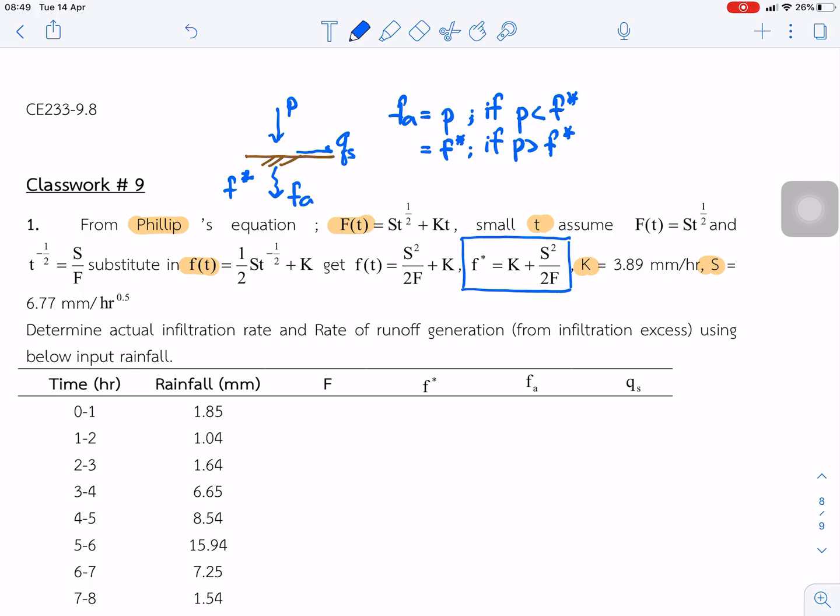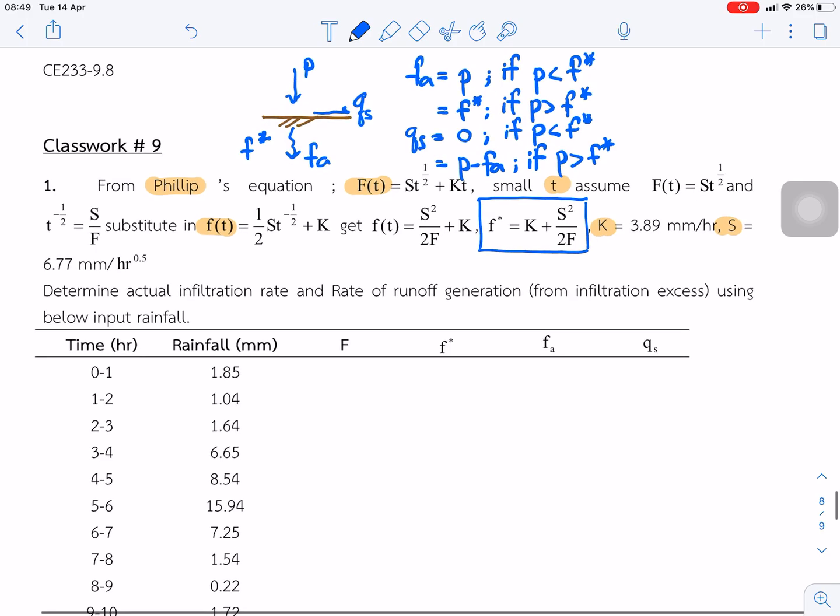Similarly, QS is 0 if the rainfall is less than F star, and equal to the difference between rainfall and infiltration if the rainfall is greater than F star.